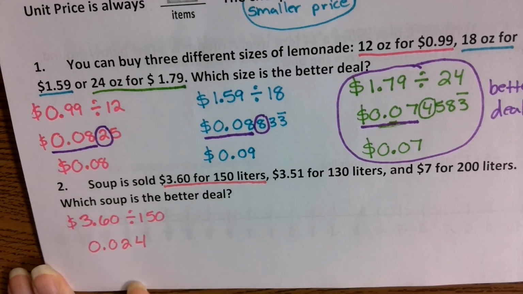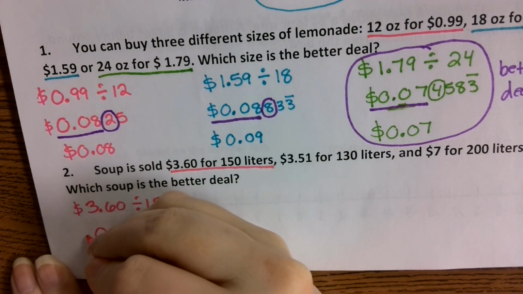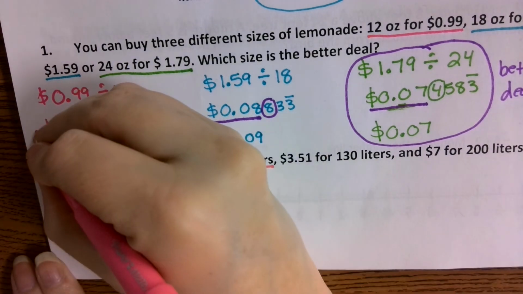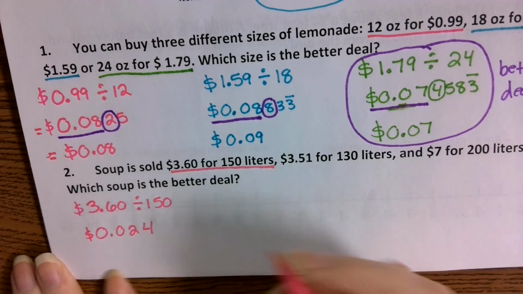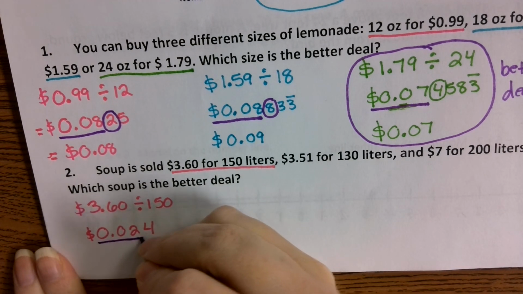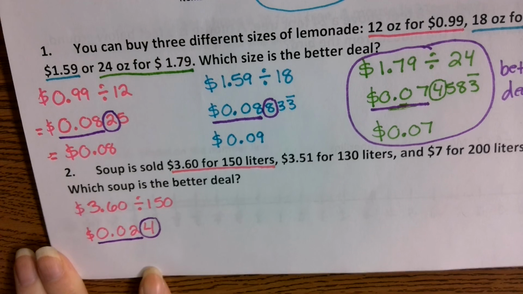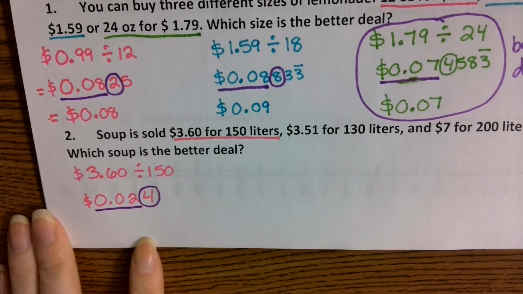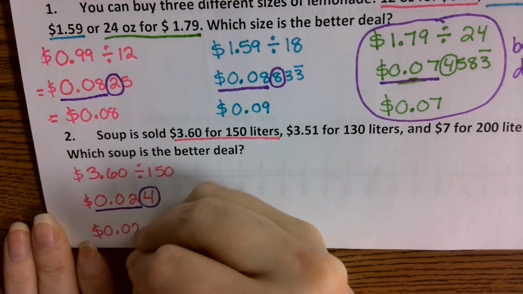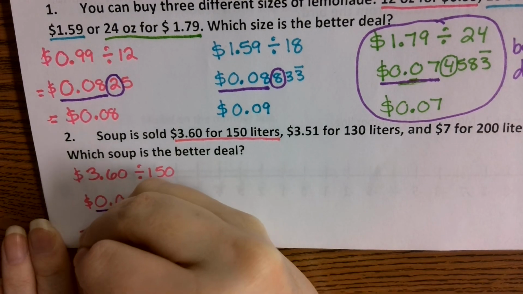But he rounded already. He went ahead and rounded it and was like, okay, I know I need to round to the nearest penny. So when he rounded to the nearest penny, he saw this is where our money is. This is the value that's behind our penny. It's a 4, so we're going to just keep it at 2 cents. So it's 0.02 or 2 cents, right?